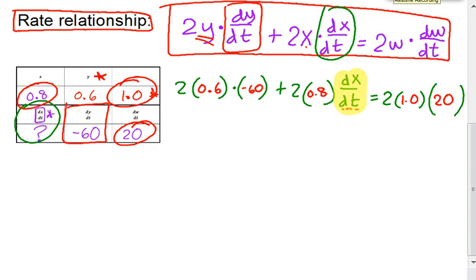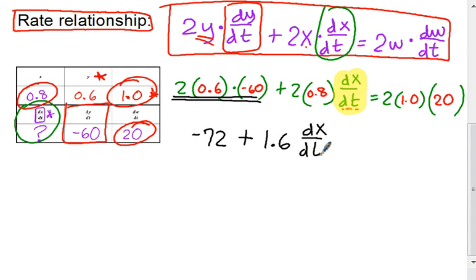All right, so using a calculator, I determined that the product of these 3 numbers is -72. And 2 times 8/10 is 1.6 times dx/dt. And the product of these 3 numbers is 40. All right, and let's now add 72 to both sides.